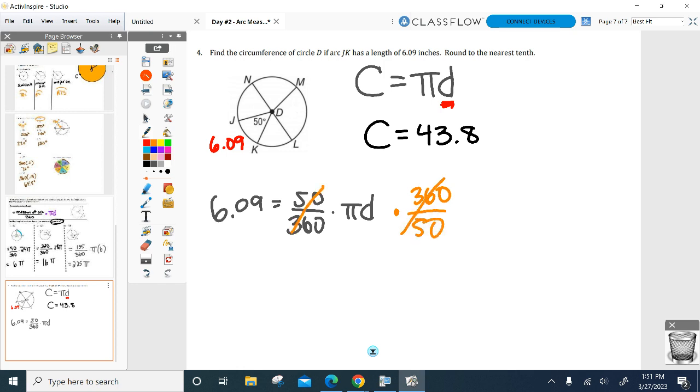Gone. I multiply over that side. What's left on my right side? Pi d, which is another name for the circumference. So that would have told you already what you would have gotten here. It didn't have to go all the way, but if you did, still 43.8. Are we all right solving? Are we all right here?